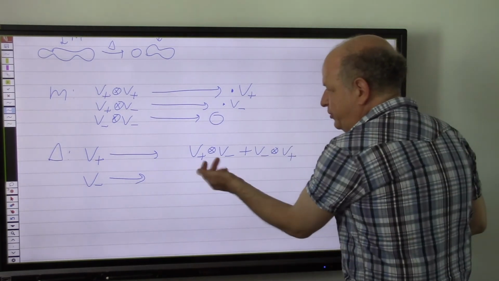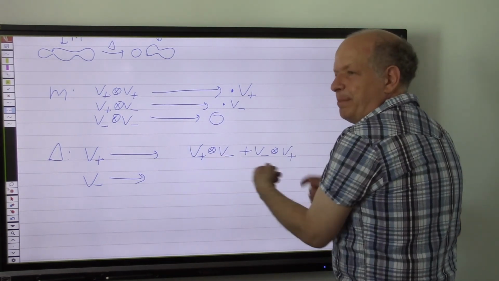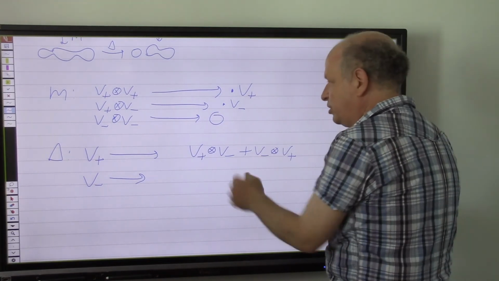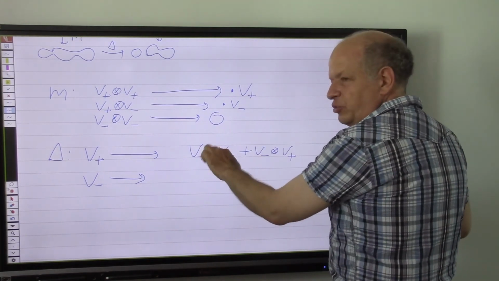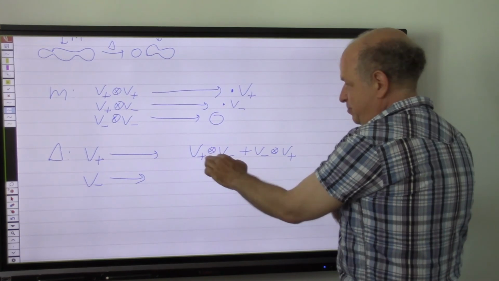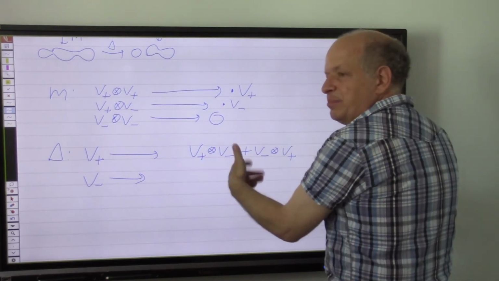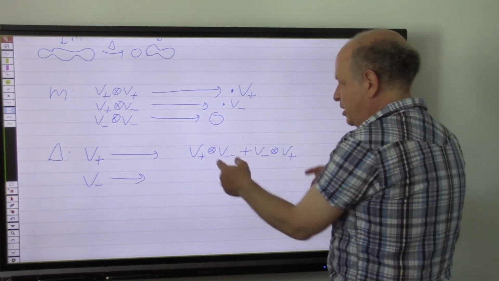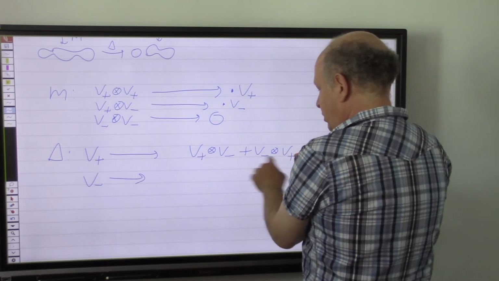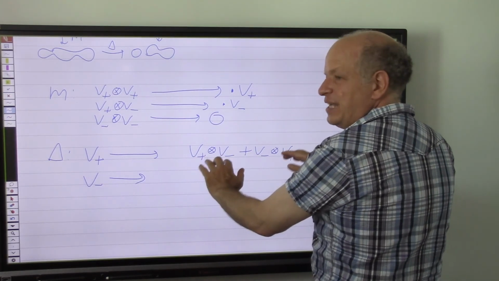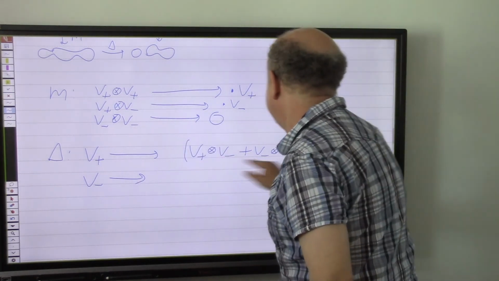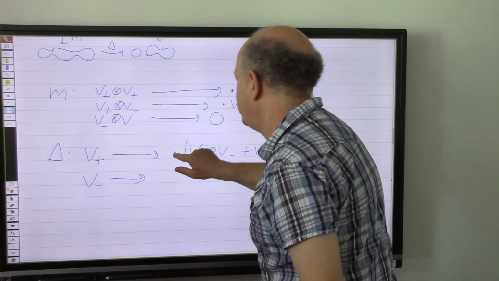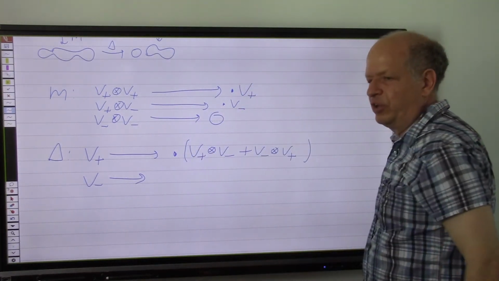And the map cannot distinguish them because the map must be co-commutative. So if I flip the two tensor factors, the map must output the same. So it means that these two possibilities must come with the same coefficient, which means that there is only one undetermined coefficient.